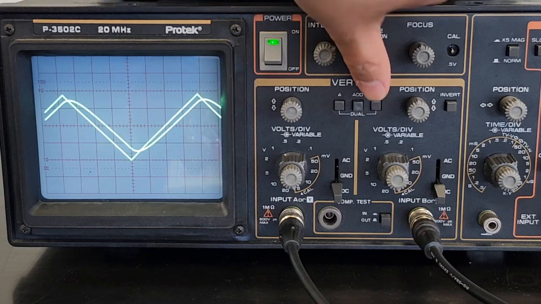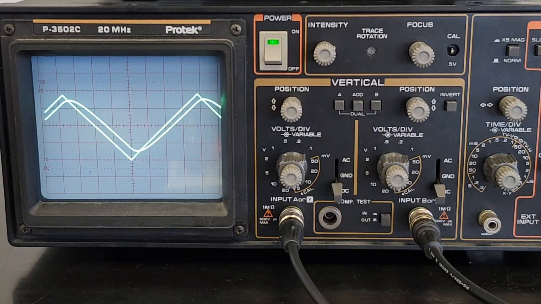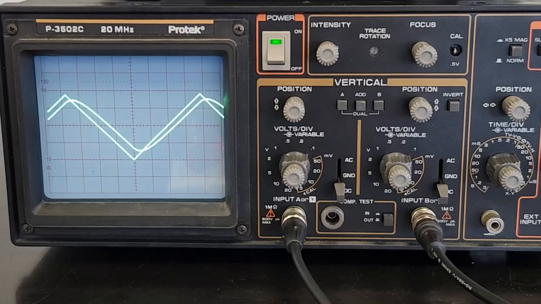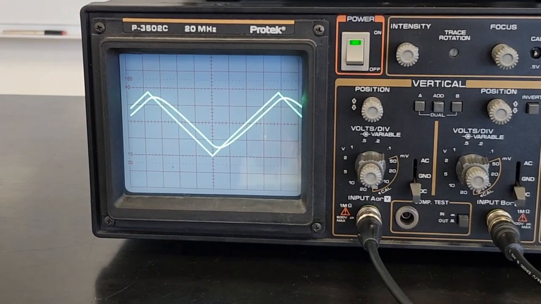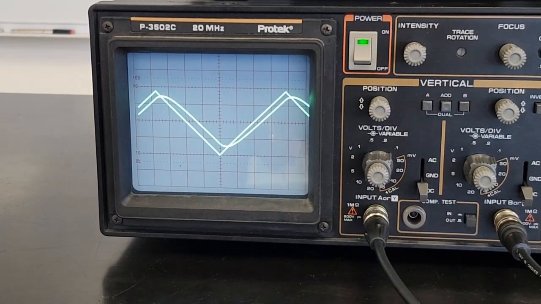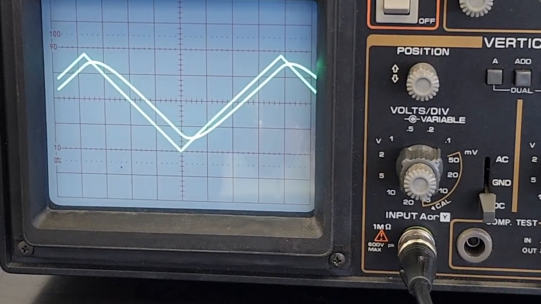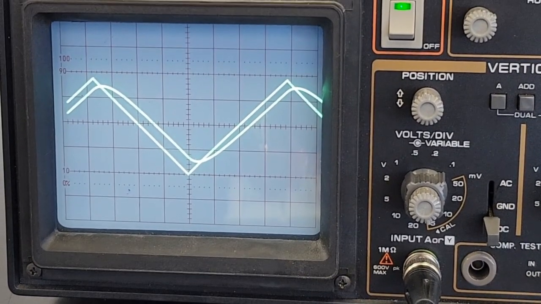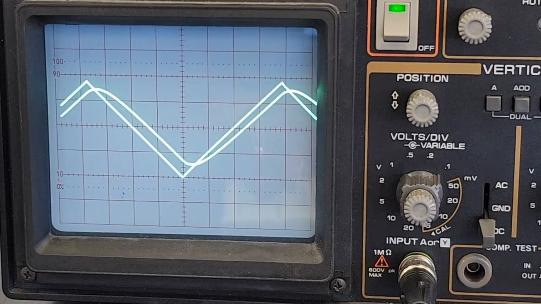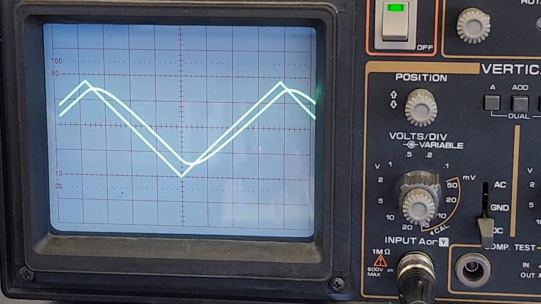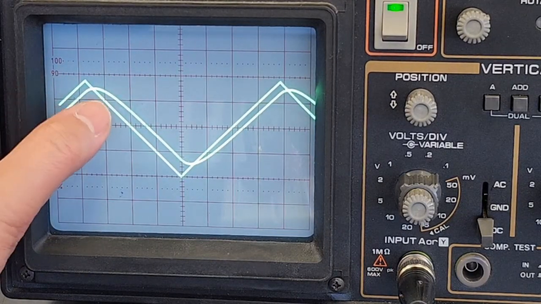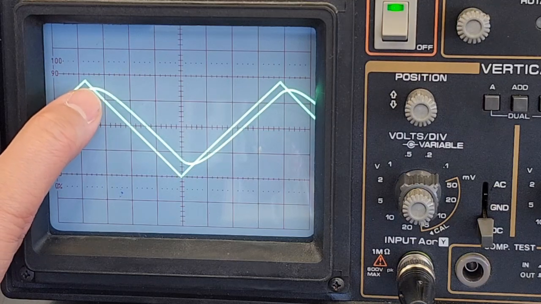It also displays the voltage between the resistor and the inductor. So at points where the triangular wave is higher, there is a voltage drop as the current crosses the inductor. And at points where the triangular wave is lower, there is a voltage rise as the current goes through the inductor.